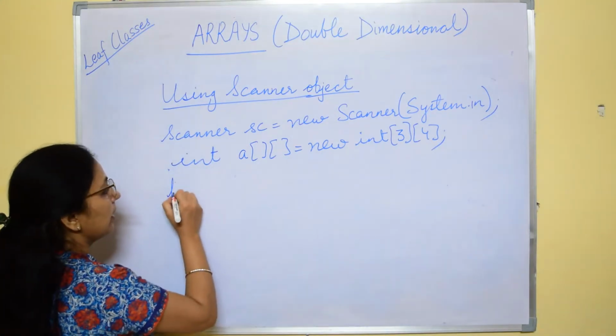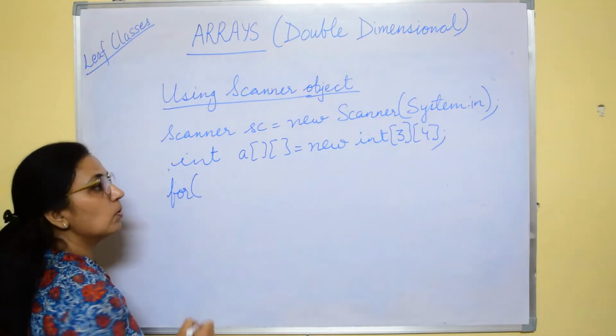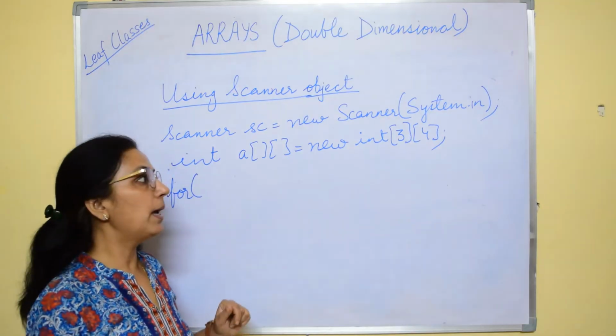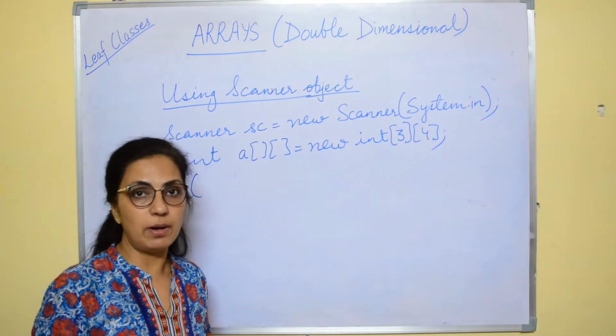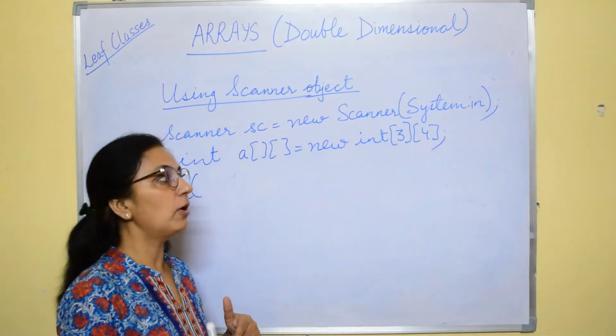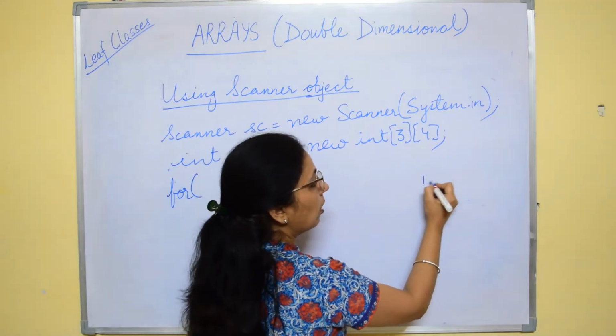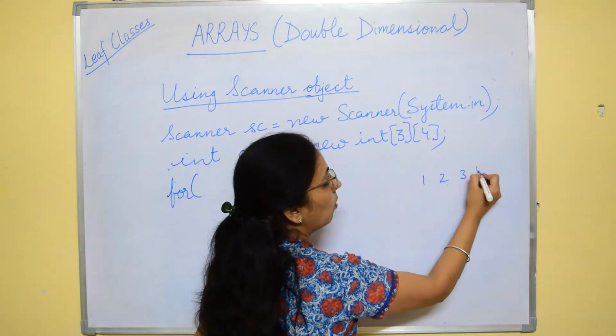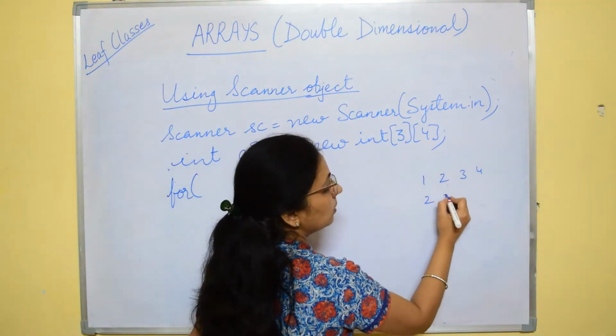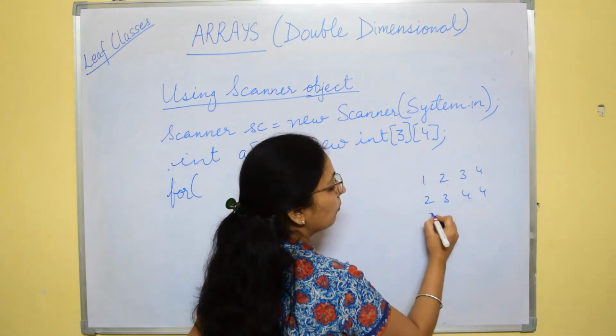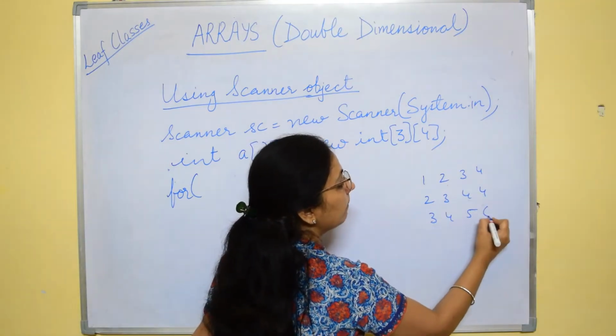Then in input we will use nested loop here. Outer loop will be for number of rows and inner will be for number of columns. Say if it has 3 rows and 4 columns, that means I want to have 3 rows and 4 columns like this.